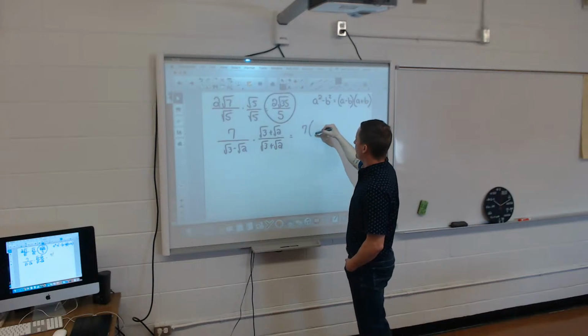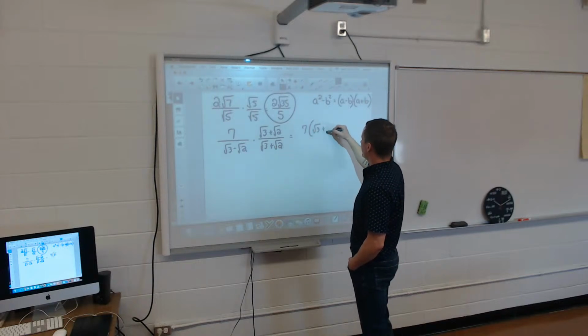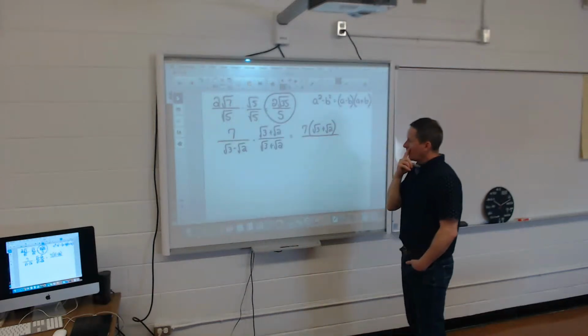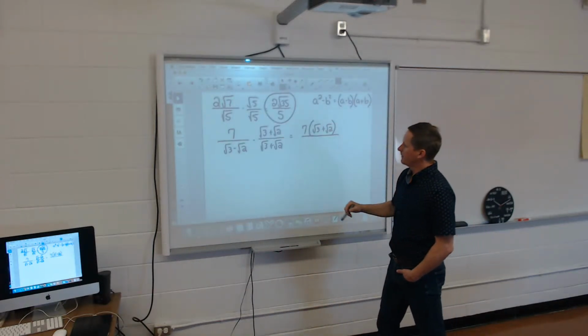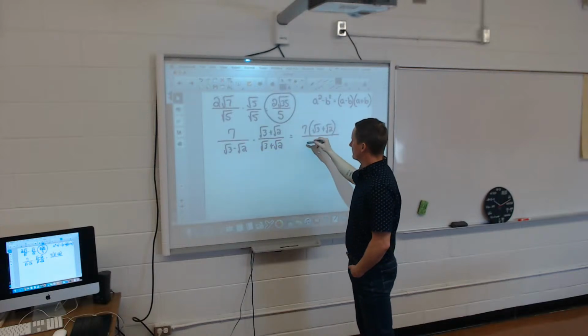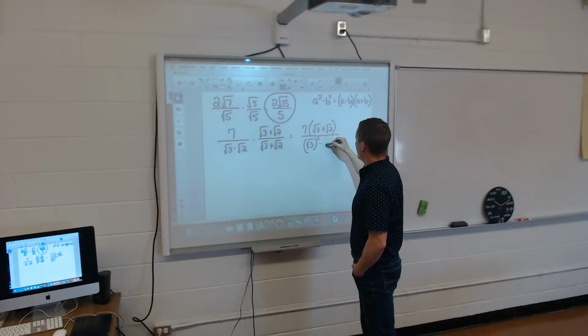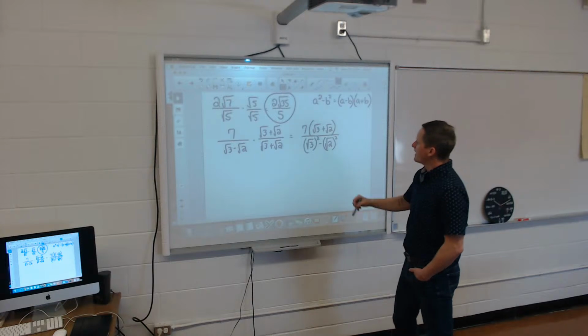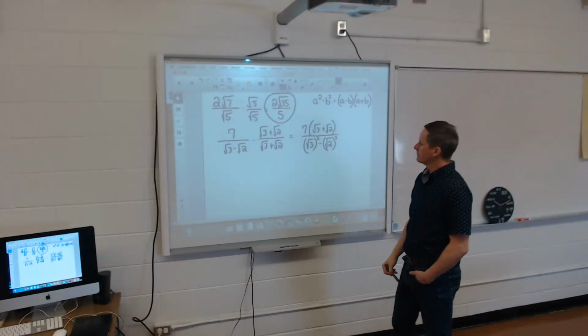So on the top, I'm left with 7 times root 3 plus root 2. I'll worry about that in a second. On the bottom, a minus b, a plus b, a squared subtract b squared. I end up with my difference of squares.